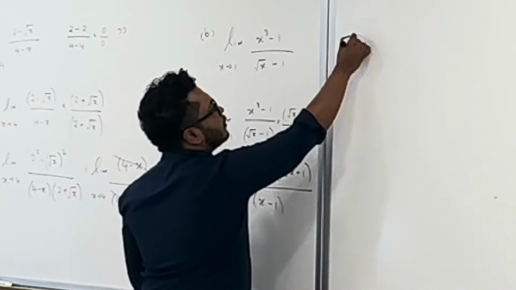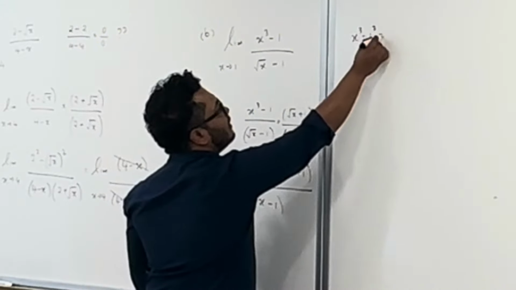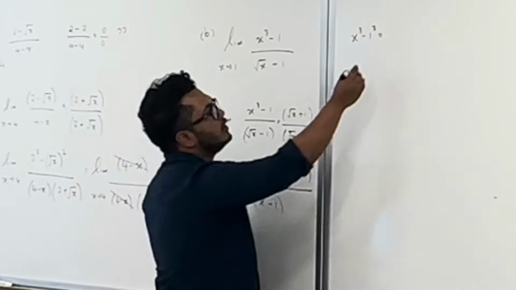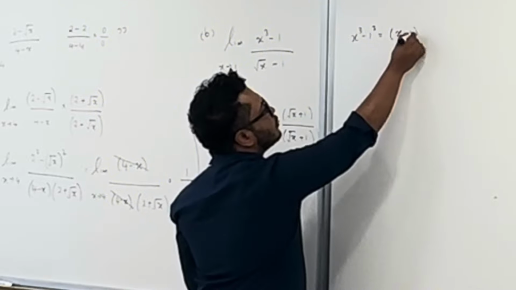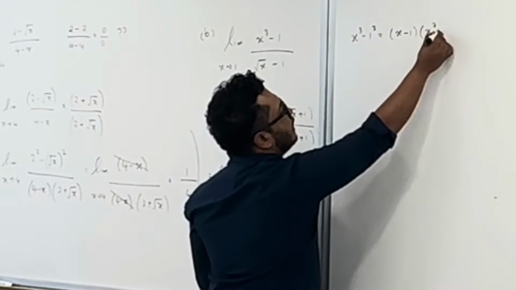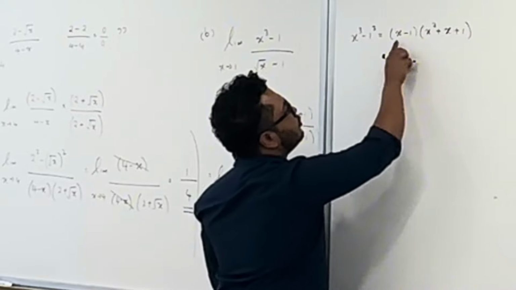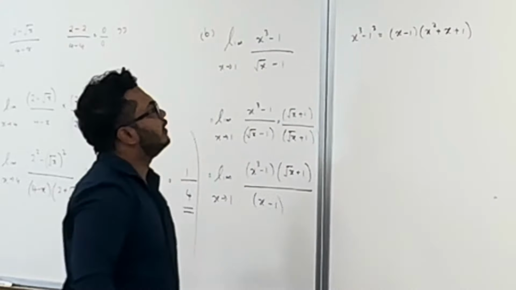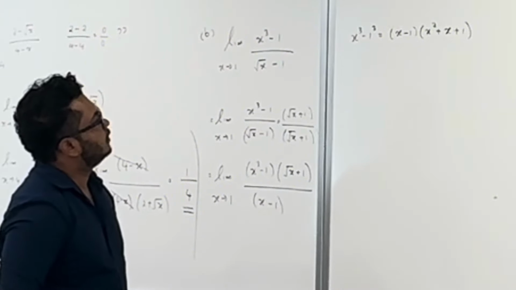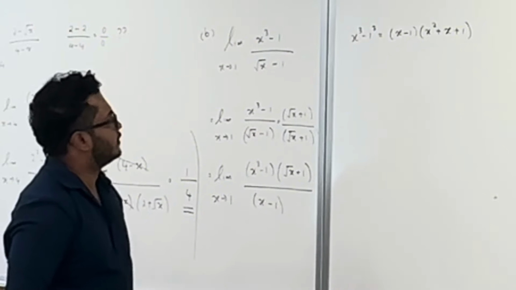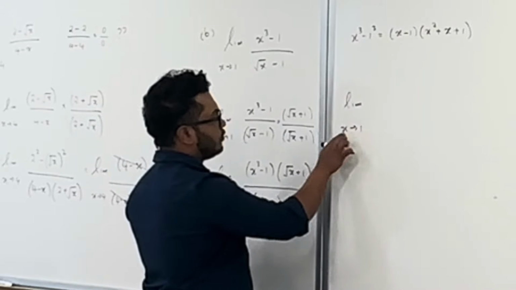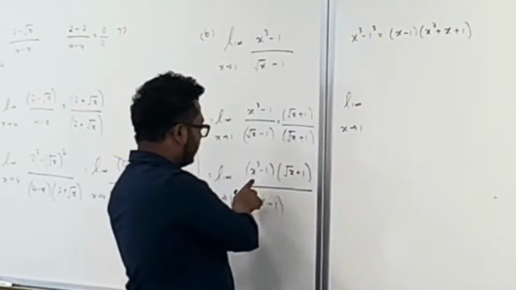But you can remember x cube minus 1 cube. It's like cube difference. 1 you can write as 1 cube. So it can be written as x minus 1 times x to the power 2 plus x plus 1. You can check. If you simplify that, you can get the x cube minus 1 back. Yes. So because of that, I can write now limit x goes to 1, x cube minus 1.